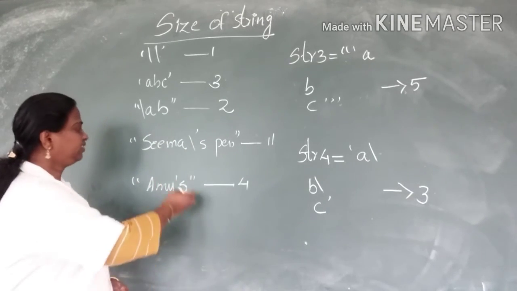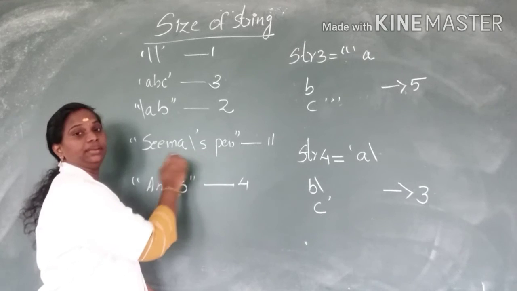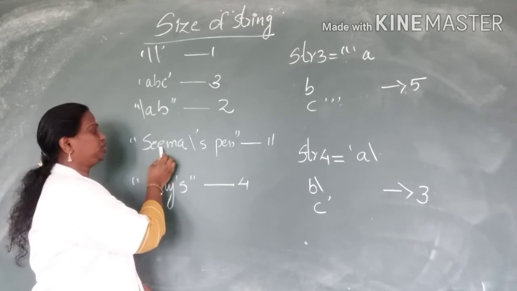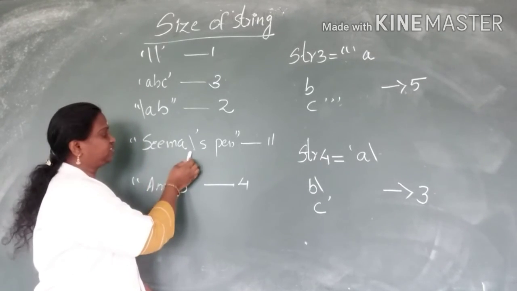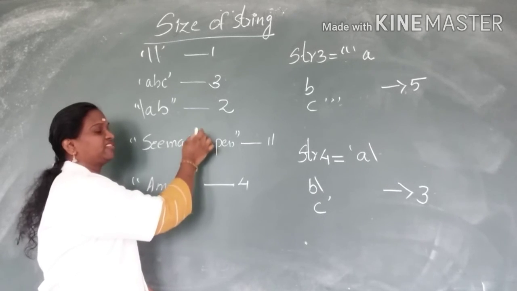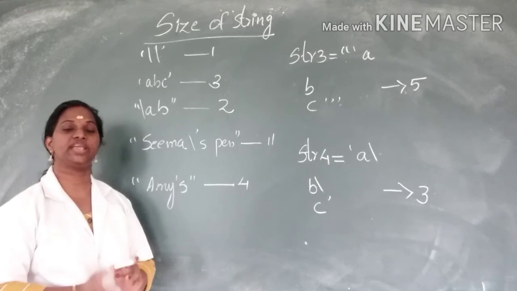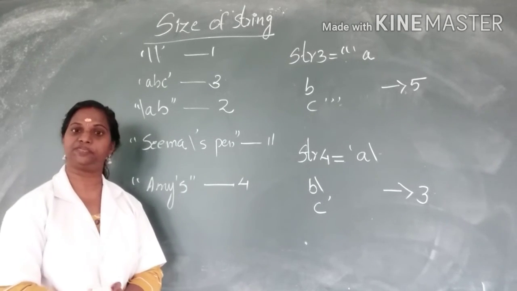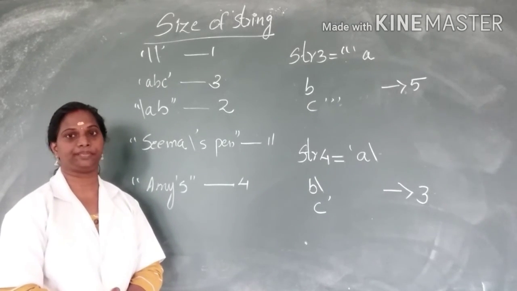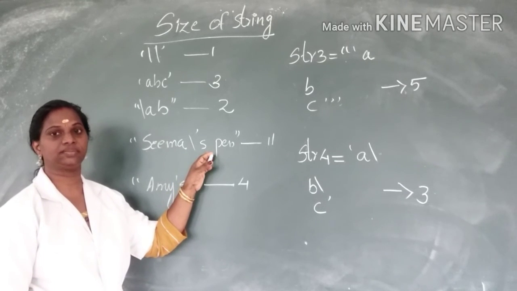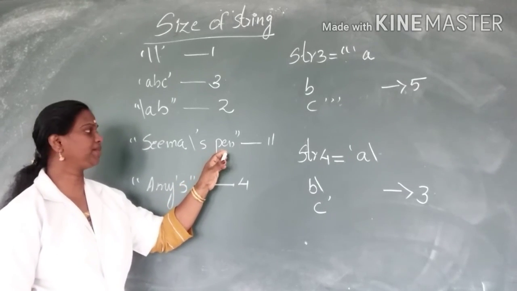Okay. See here C-M-A-S pen. Then 1, 2, 3, 4, 5, 5 letters here. Then this backslash apostrophe is used for which one? Escape sequence or escape character for a single quote or an apostrophe. Then this S, then one space, then PEN.